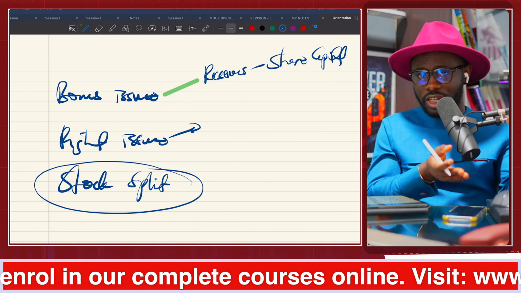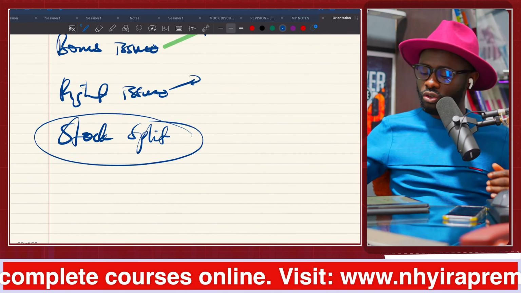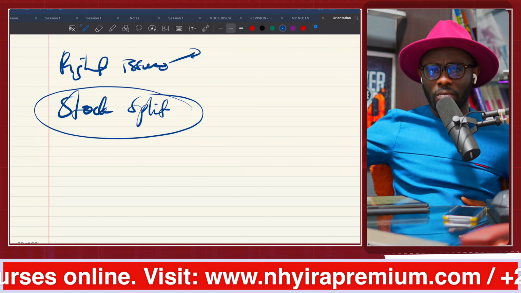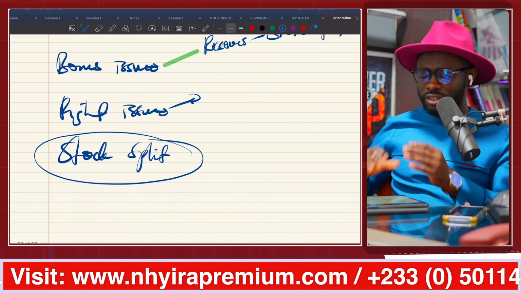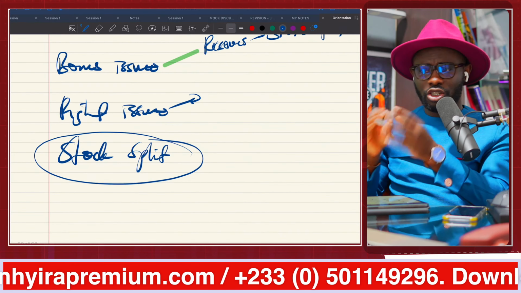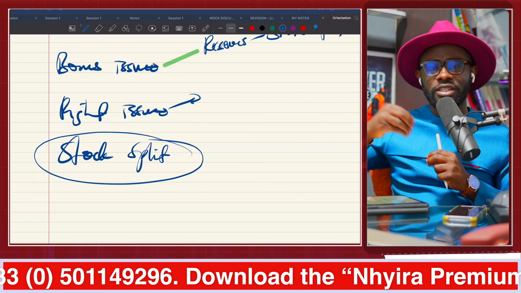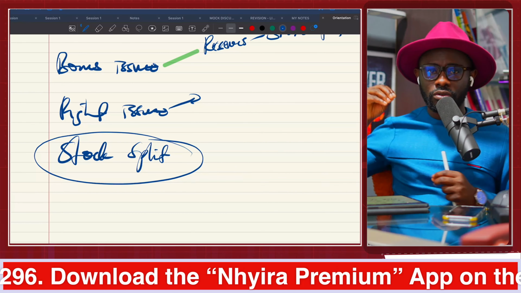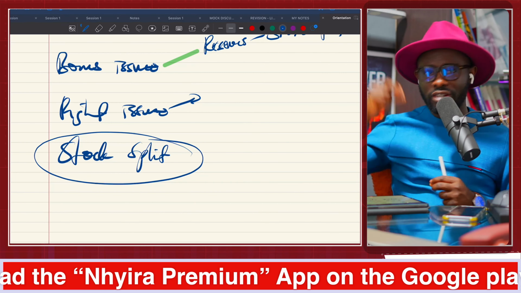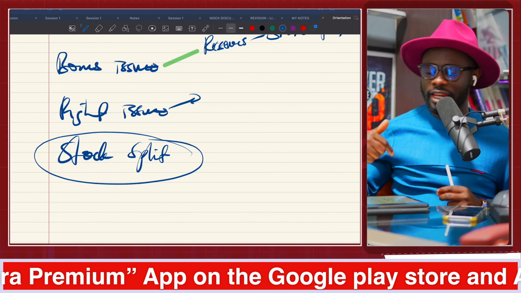The nominal value of the shares is divided so that the number of shares goes up. So in stock split, it's not that the entity is issuing new shares. It's not that people are buying anything. The entity just wants to increase the number of shares in issue.